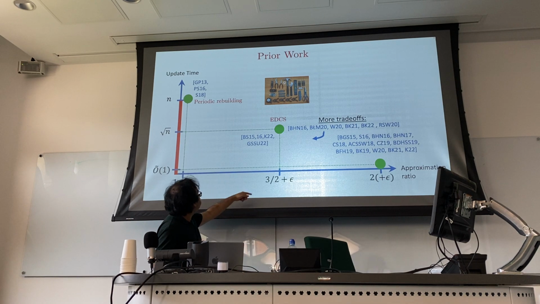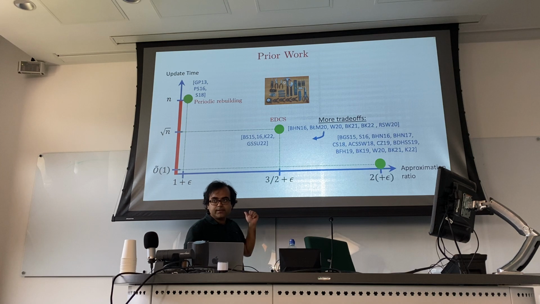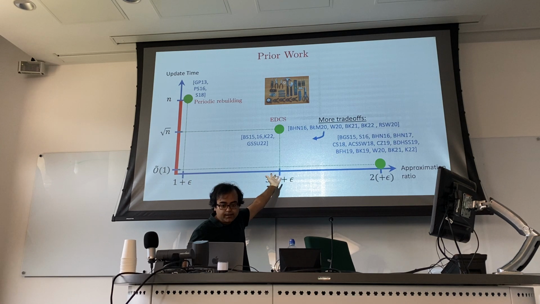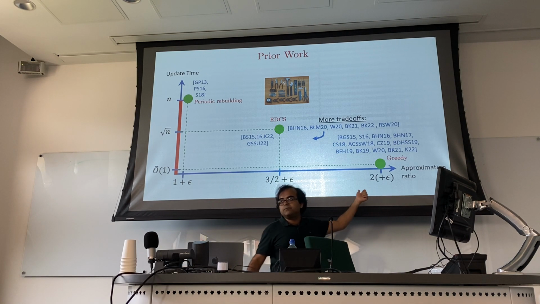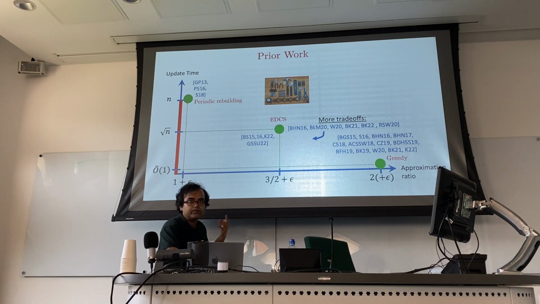This 1.5 approximation in root n update time is achieved by something called EDCS. This is the most blunt name imaginable for a very exciting concept, but I won't have time to talk about this in the talk. And finally, all these 2 approximations in polylog update times just follow from dynamizing a greedy algorithm. So these are the 3 sets of techniques.